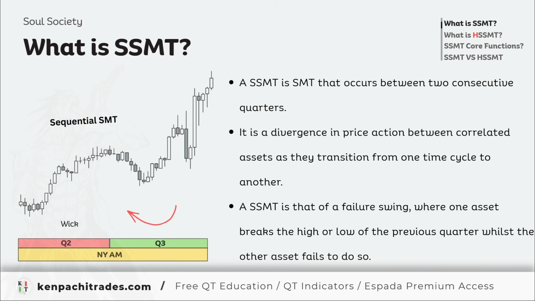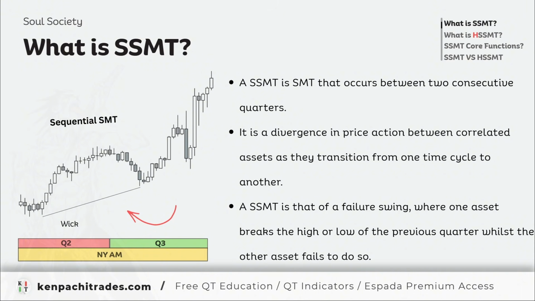One breaks, one fails. That is your sequential SMT. And here is something important. The highs and lows do not need to form at the same time on both assets. What matters is simple. One runs the level, one does not.